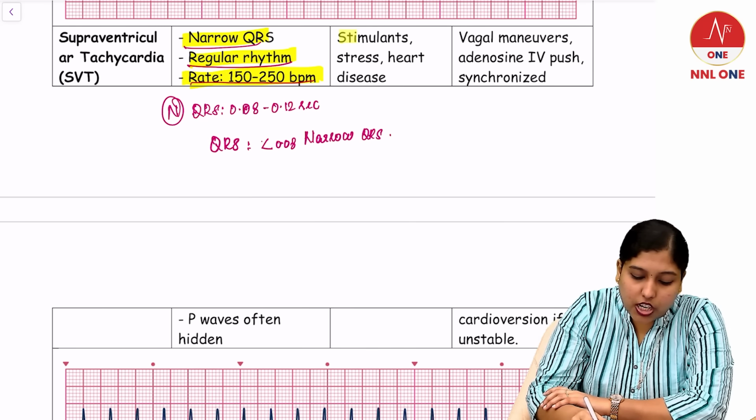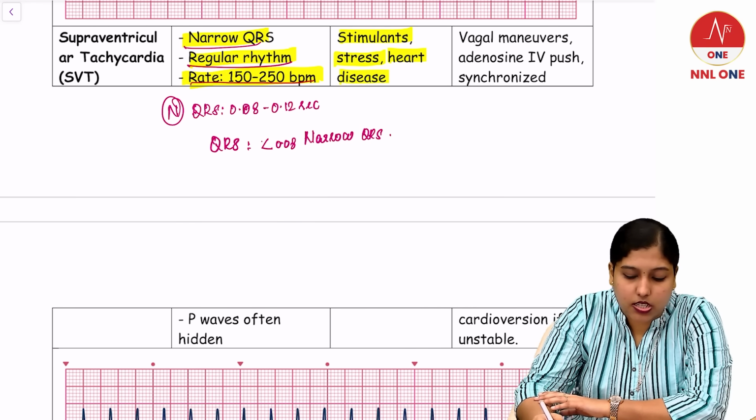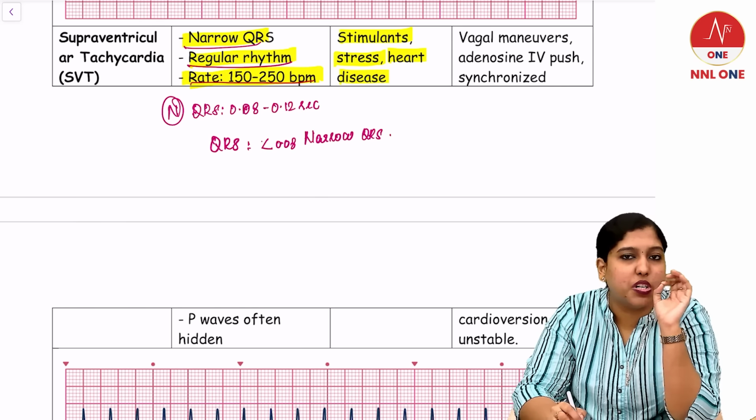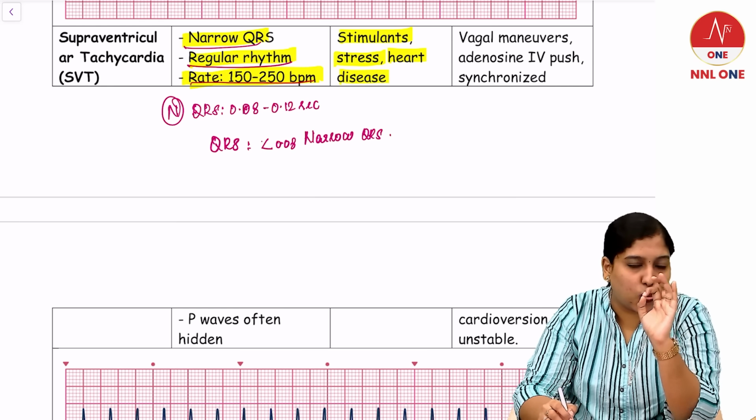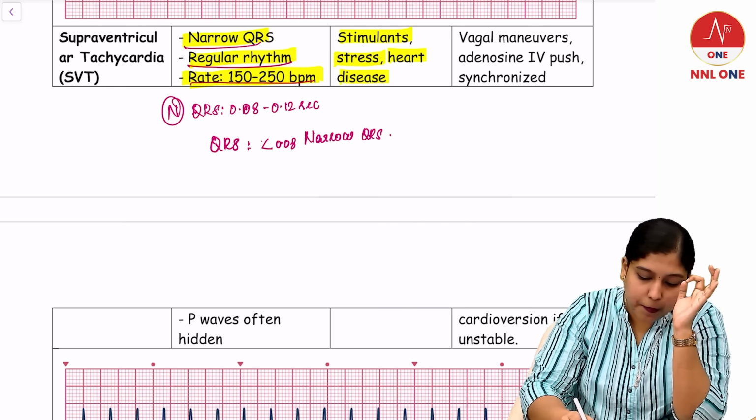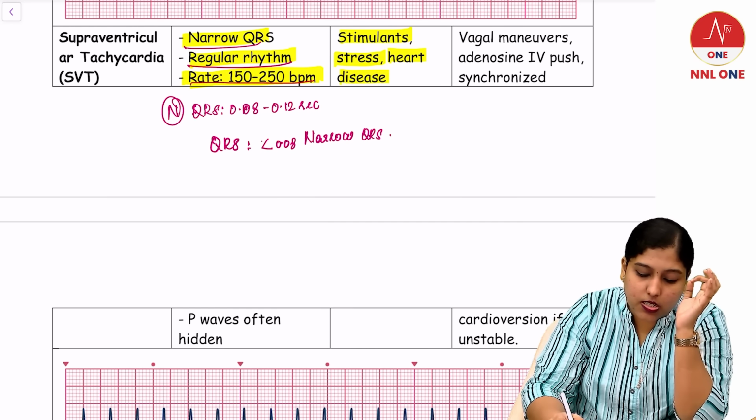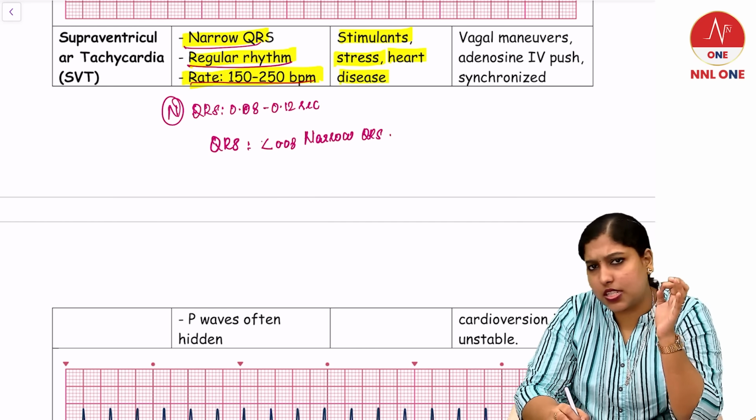It is because of any kind of stimulant, stress and heart diseases, and the management of SVT is the most important thing you have to definitely remember. The management of SVT is based upon the stability of the patient.